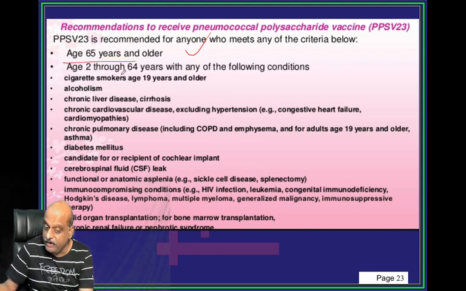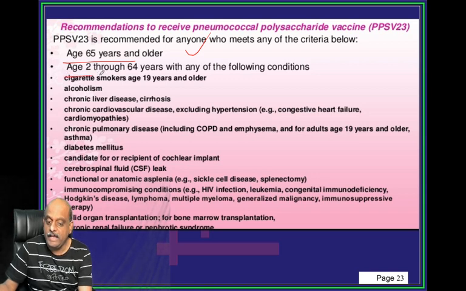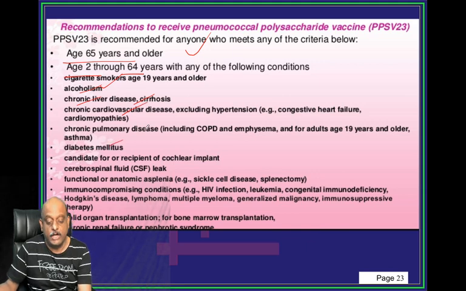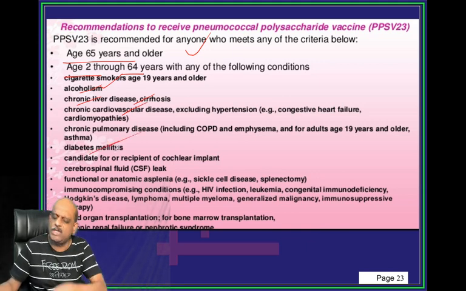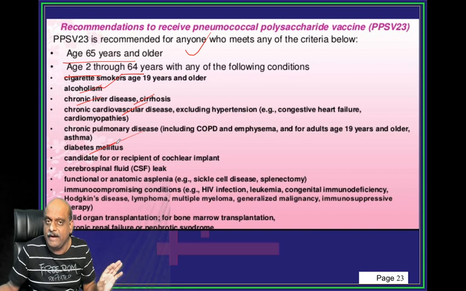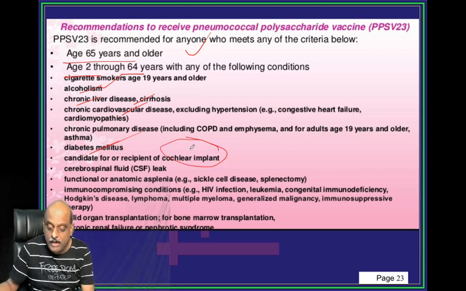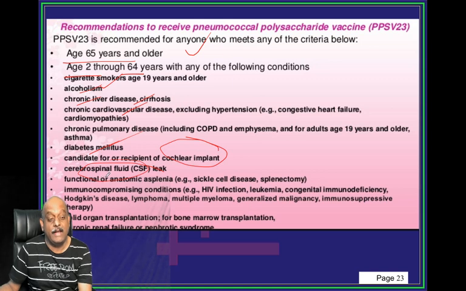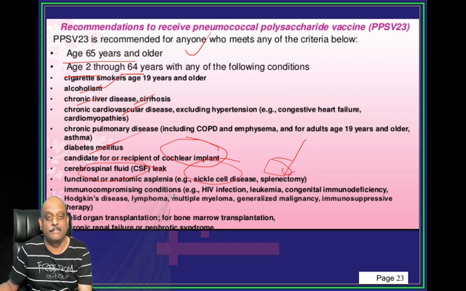Age 65 and older, and age 2 through 64 with conditions like smokers, alcoholics, chronic liver disease, cirrhosis, chronic cardiovascular disease, chronic pulmonary disease, diabetes, virtually all geriatric patients, cochlear implant, CSF leak, any autosplenectomy like sickle cell disease, or those who have undergone splenectomy.